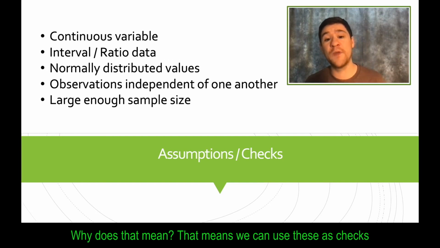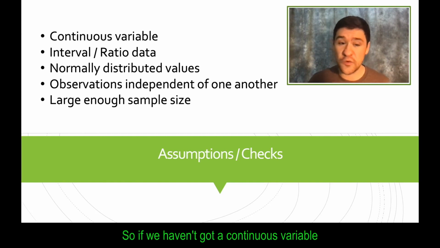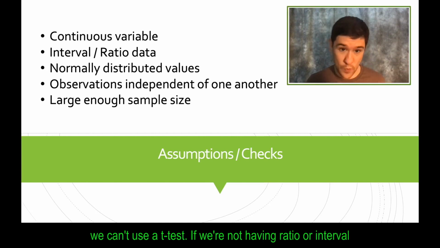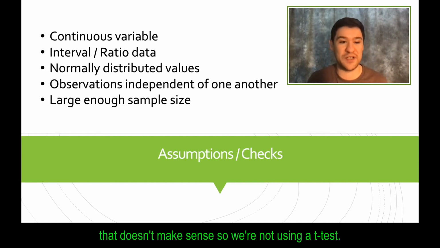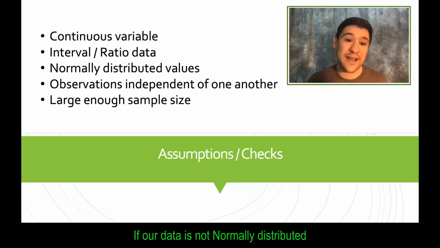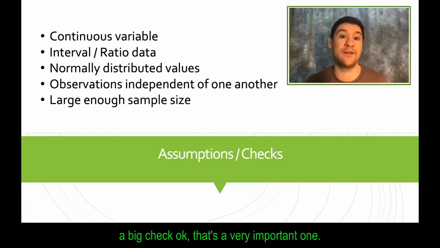What does that mean? That means we can use these as checks to ask, is a t-test appropriate here? If we haven't got a continuous variable, we can't use a t-test. If we don't have interval or ratio data, then you can't calculate a mean, so that doesn't make sense, and we're not using a t-test. If our data is not normally distributed, then we can't use a t-test, and that's a big check. That's a very important one.